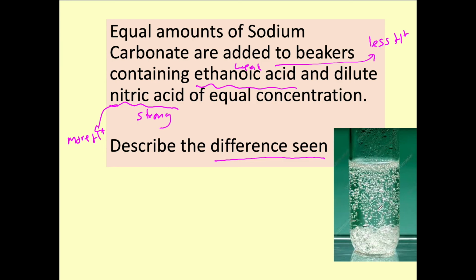Where the reaction is happening a lot faster, we're going to get a lot more bubbles, whereas where the reaction is happening much slower because the reactants are less available, we have fewer carbon dioxide bubbles. That's the difference we would see, because our observations are what we would literally see during that experiment, so looking at those bubbles.